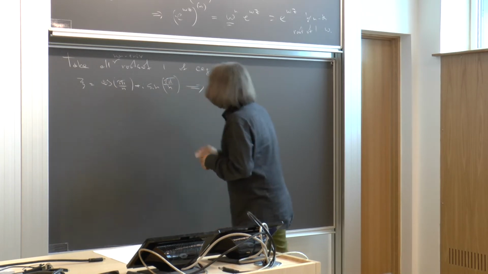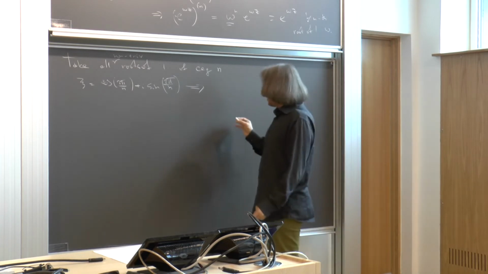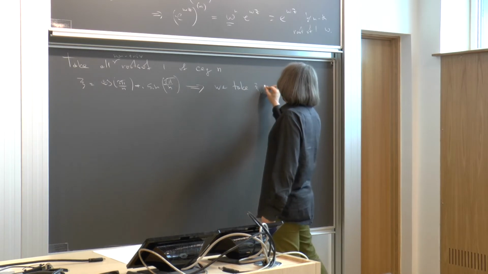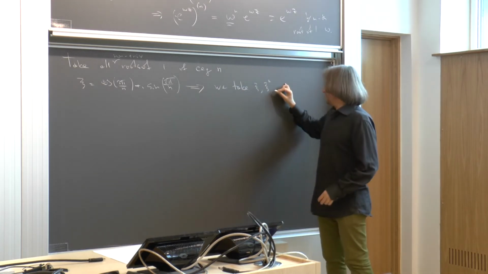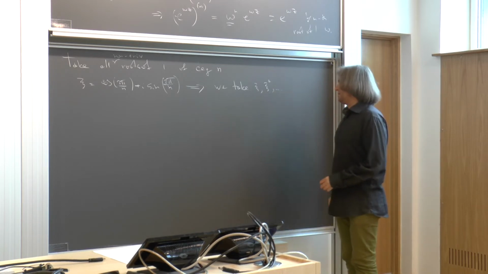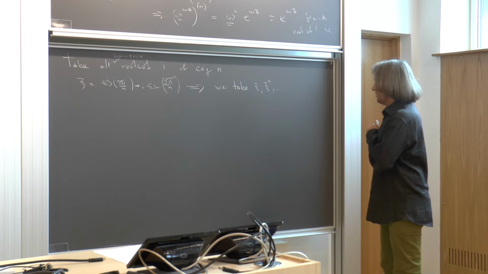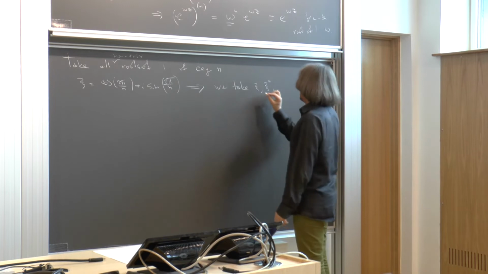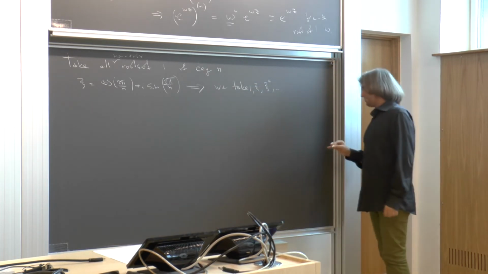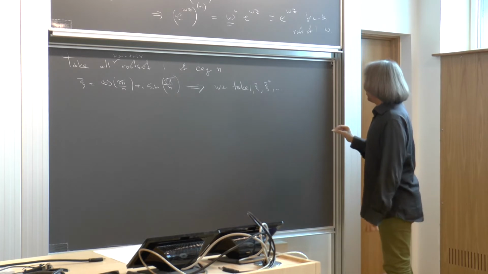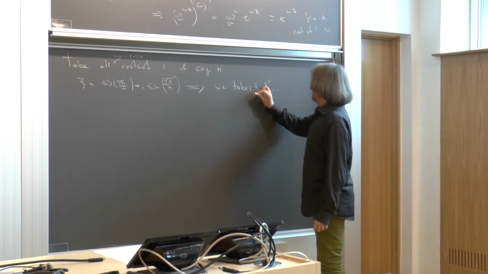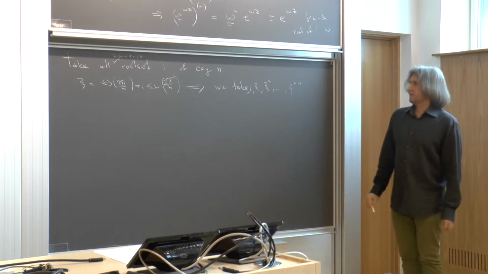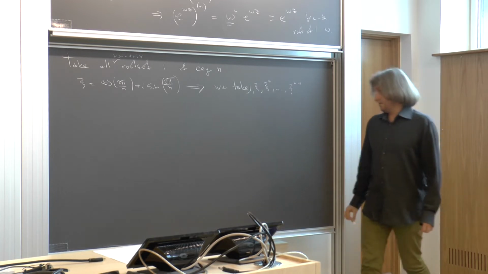Then these elements are, so we take psi squared, and so on, up to, I'll take 1 as well. So take 1, psi, psi squared, and up to the last one, psi to n minus 1. So these are all roots of 1 of degree n.